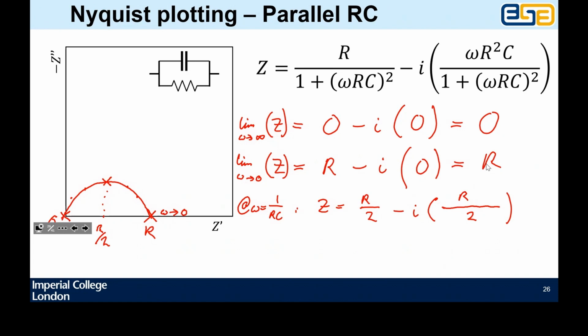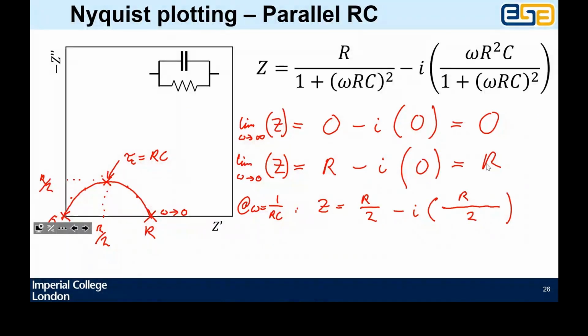Okay? So this thing here is tau c, the characteristic time, equals RC. That's when it occurs. And we could also add the annotation to say this is R over 2 as well. Okay, so we've got a semicircle.